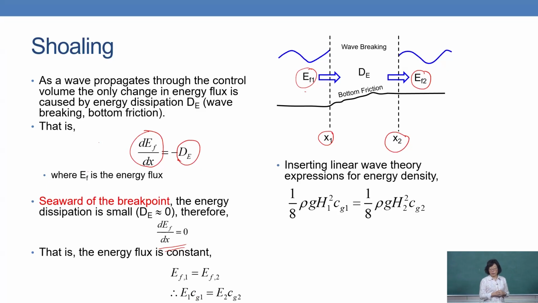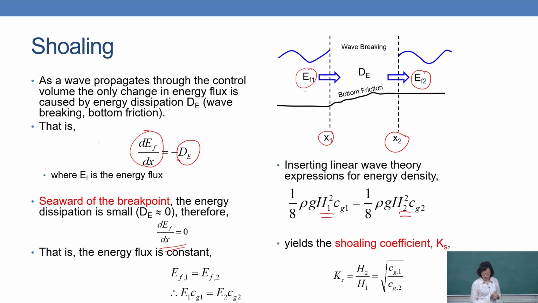We also know the energy is 1/8 rho g H squared. This is for the first location, and this is for the second location. If the wave height does not change, then the group velocity has to be the same. But of course, when the water depth is different, the group velocity is different.